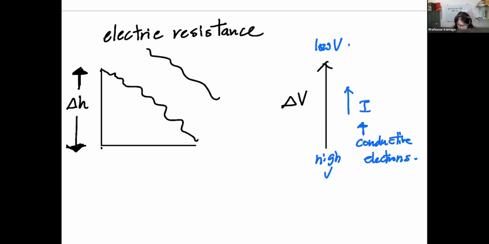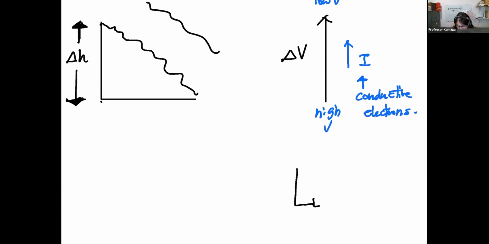So you connect some wire that's made of copper or something with a battery, right? You close the switch, current flows.